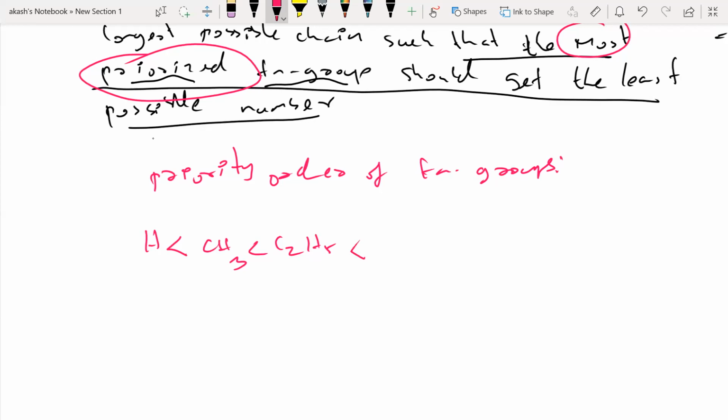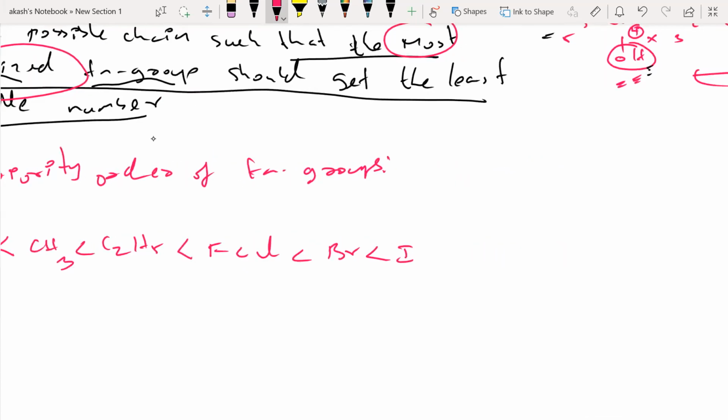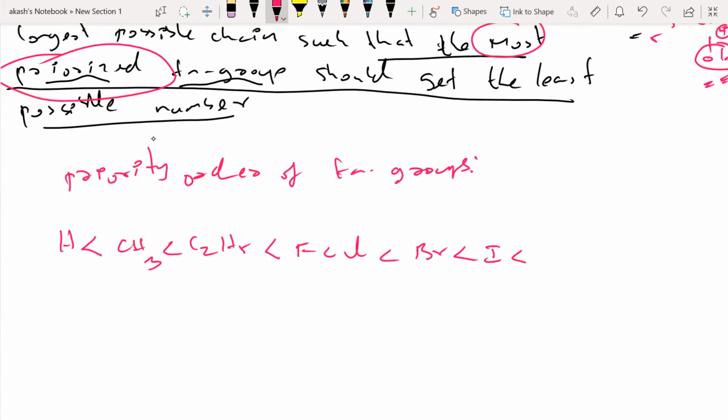Then comes fluorine, then chlorine, then bromine, then iodine. Next, after this comes C triple bond C. When you have C triple bond C, that is going to have more priority. And look at this very carefully: C triple bond C has more priority compared to C double bond C. Be very, very careful.